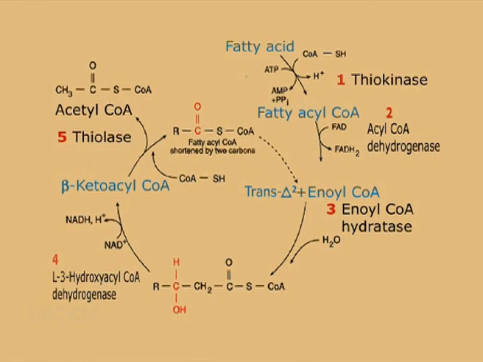Following thiolysis, the shortened fatty acyl-CoA recycles through the last 4 steps of beta oxidation from acyl-CoA dehydrogenase to thiolase. It leads to another fatty acyl-CoA that is also shortened by 2 carbons and another molecule of acetyl-CoA. These steps are repeated and repeated again.